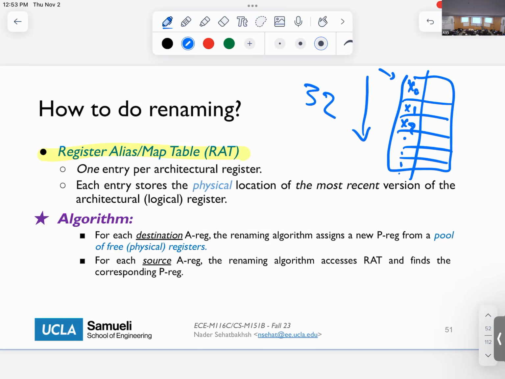And what you save in this table is the mapping between your architectural registers and these physical registers, okay? I'm going to show you how, but basically I'm going to say that X1 is mapped to P1, and X2 is mapped to another one, and so on and so forth. This way, whenever I see X1, I just go to the table and know which physical register is mapped to it, what's the aliasing between them, and then I can use that when I'm executing the system, okay?